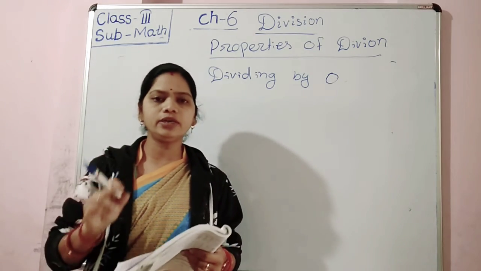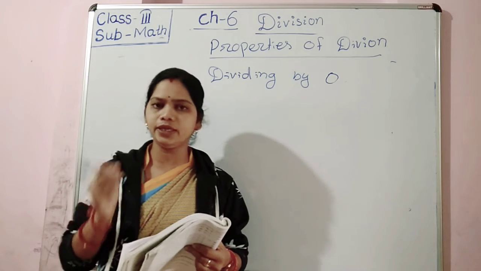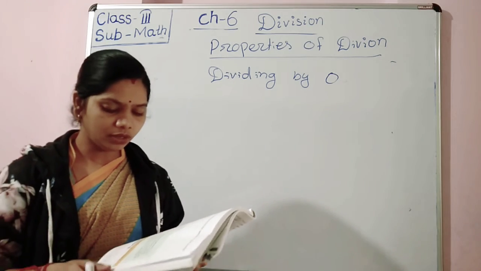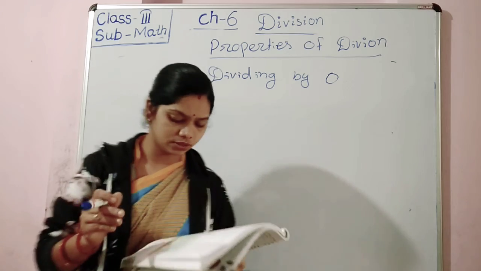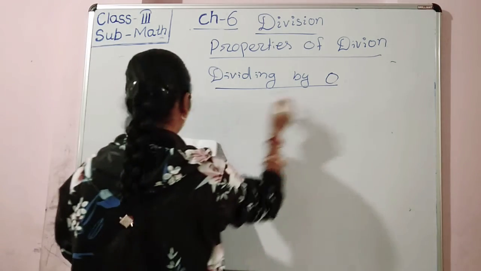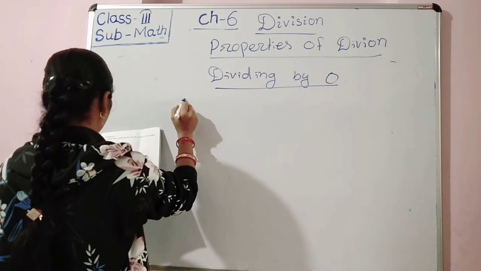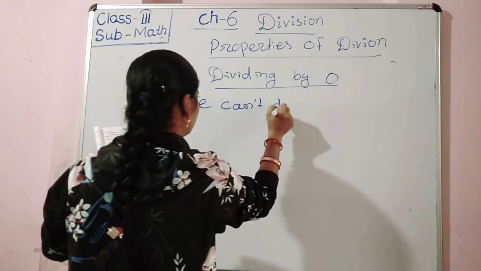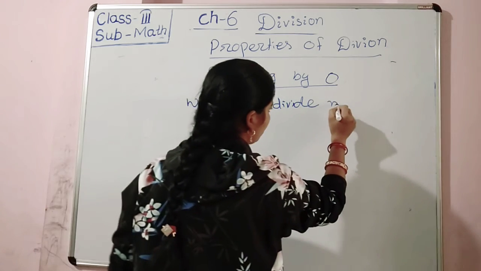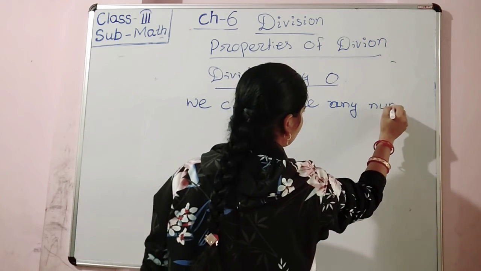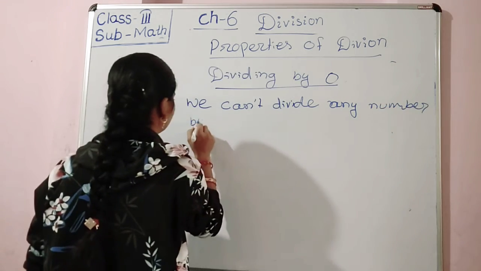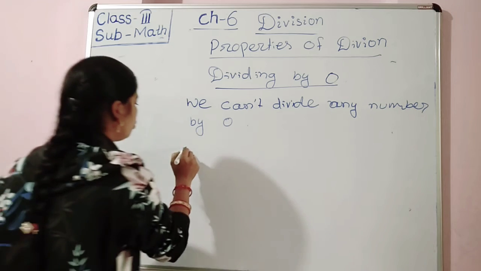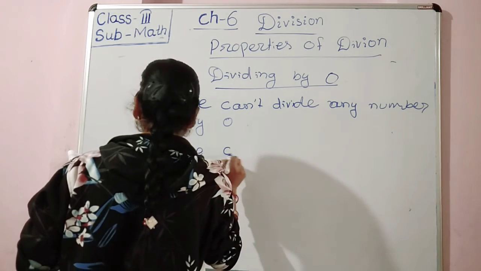Children, we cannot divide any number by 0. देखो, we cannot divide any number by 0. It is impossible.